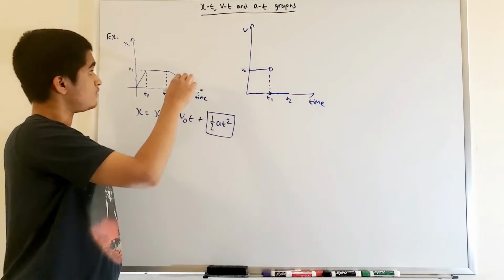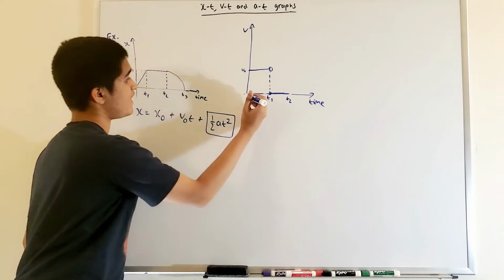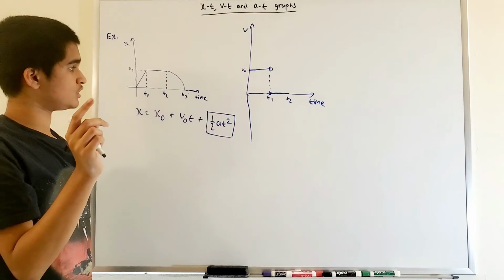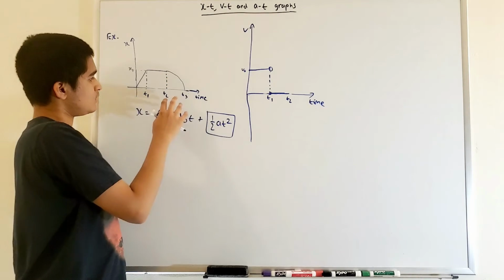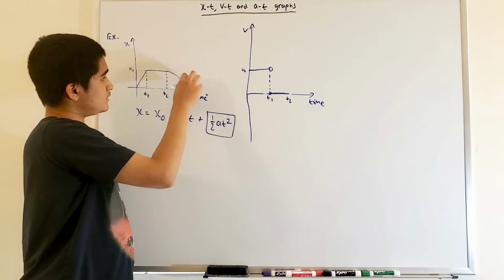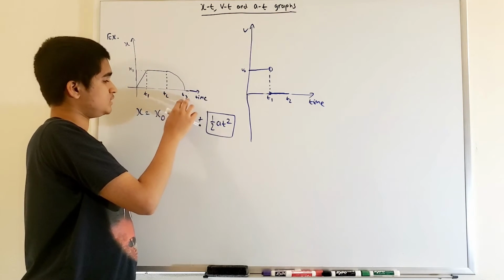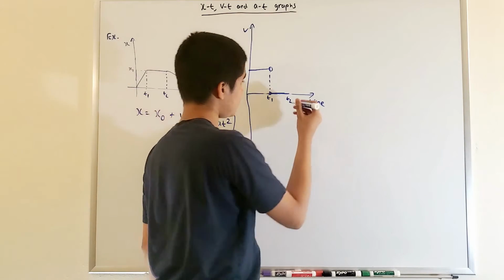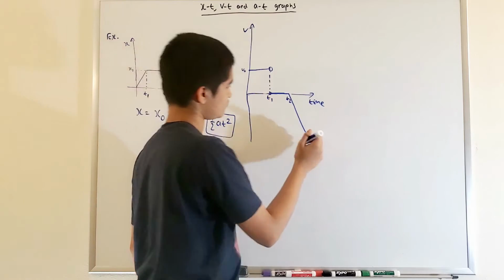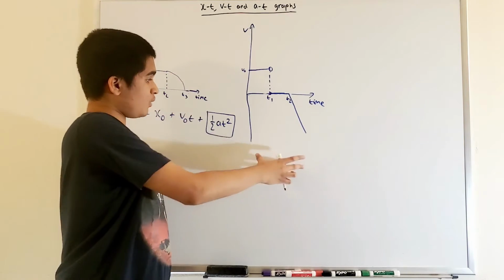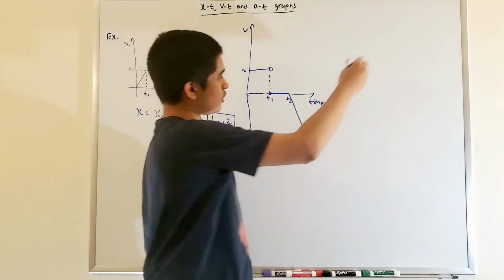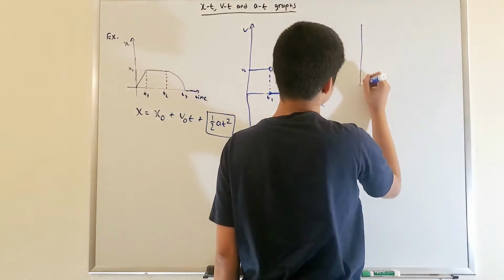And finally, the velocity will become negative because the object is going in the opposite direction between t2 and t3, and the velocity will be increasing as we go from t2 to t3. So that will look like this. So this is how our velocity time graph will look for the situation. Now let's try to draw the acceleration time graph.